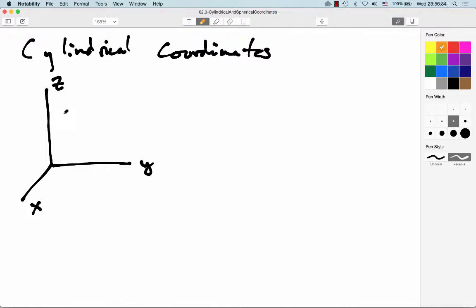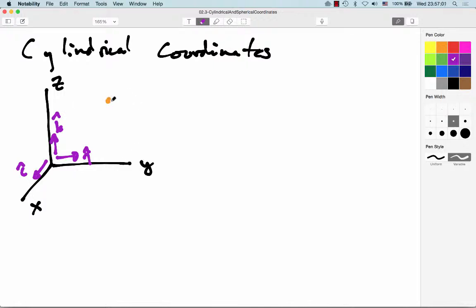So let's say that this is my point of interest right here, and I need to locate it. So just for quick reference again, here are our Cartesian unit vectors i, j, and k hat. They'll never move, they'll never change their orientation.